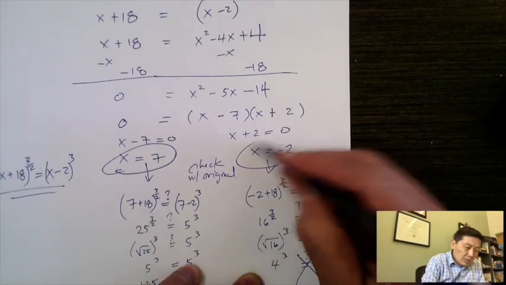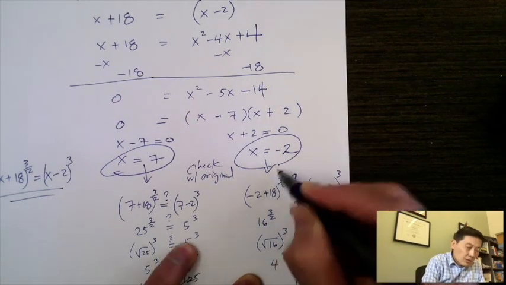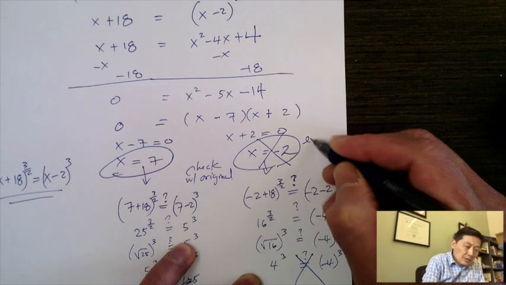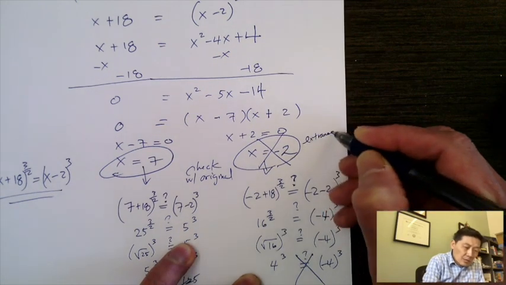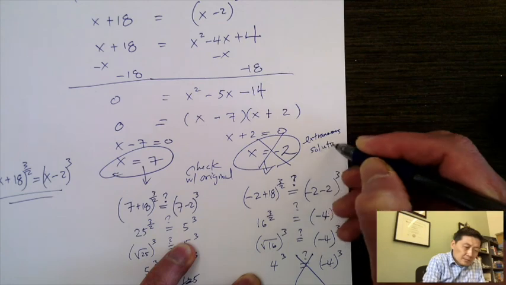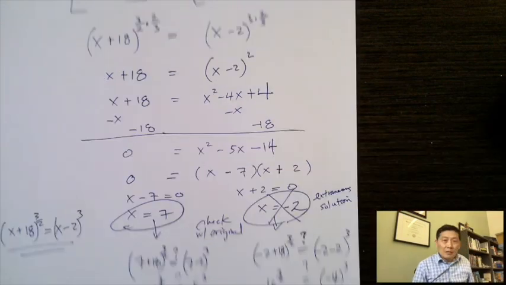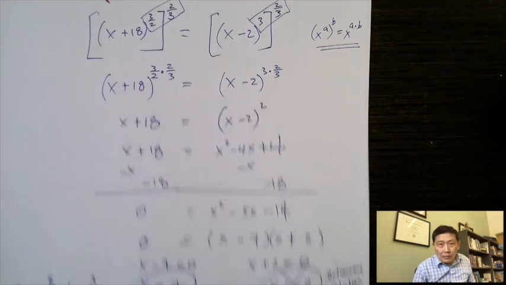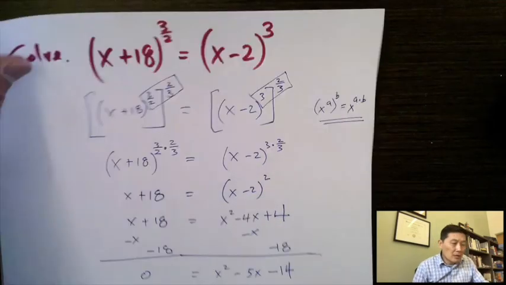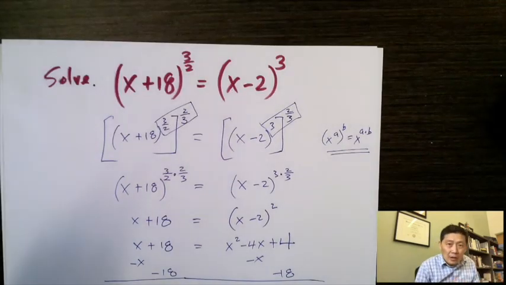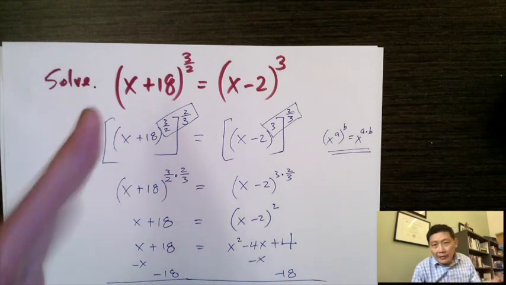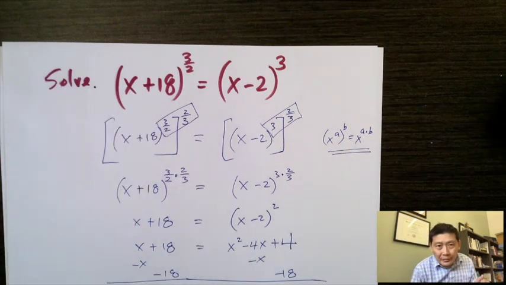So you're going to take this answer and cross it out, and you're going to say this is an extraneous solution. And that is how you do this problem. So let me recap a little bit again. You have an equation with a fractional exponent, a rational exponent.